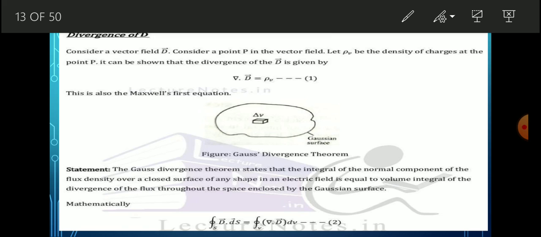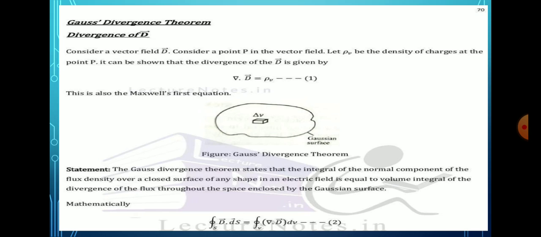So we first consider a Gaussian surface in a region with a certain charge density, that is rho of V. Inside the surface, consider a small element del of V. Let del of Q be the charge within the element.